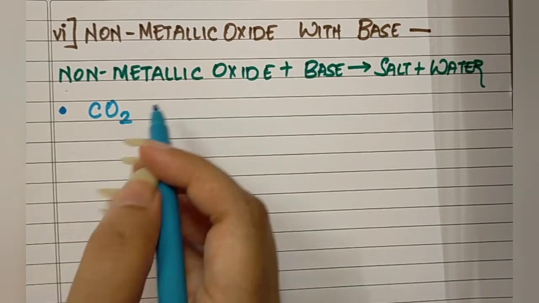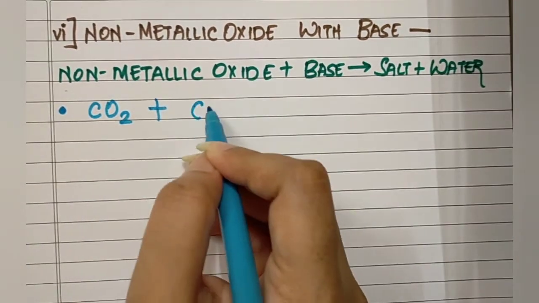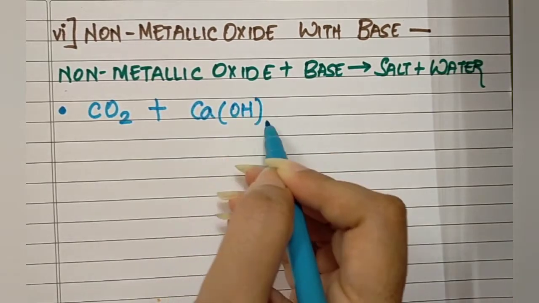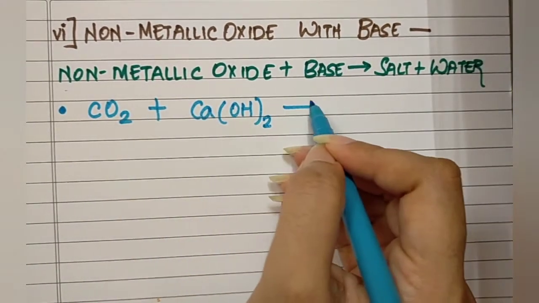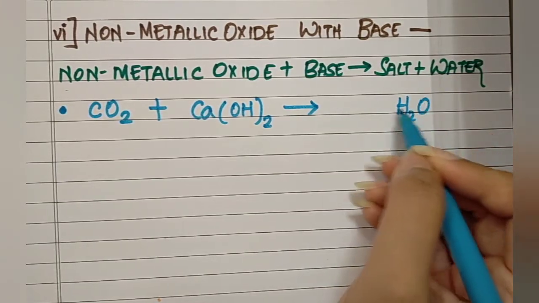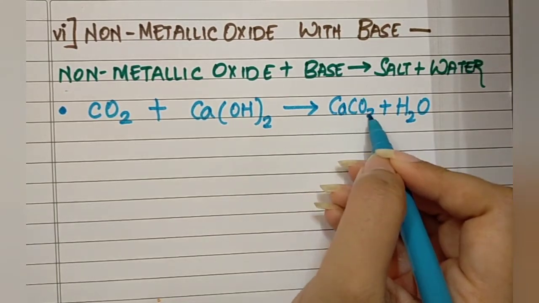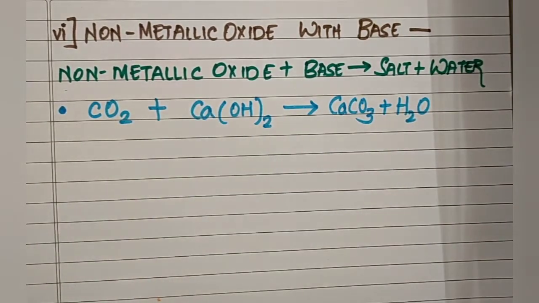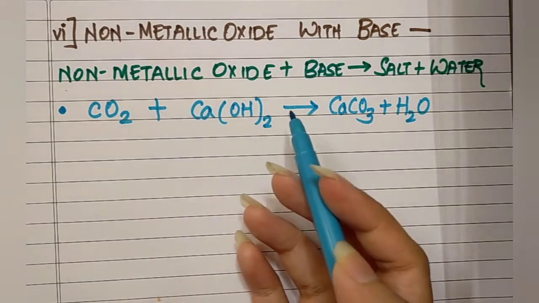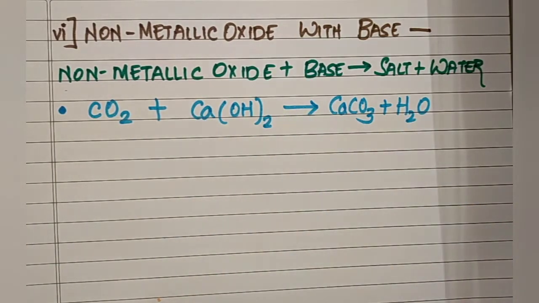So carbon dioxide is a non-metallic oxide reacting with a base, say Ca(OH)2, calcium hydroxide. So it will form salt and water. Water's formula is H2O, and the salt formed here is calcium carbonate. So this reaction forms calcium carbonate and water.